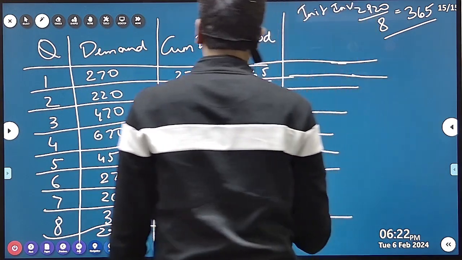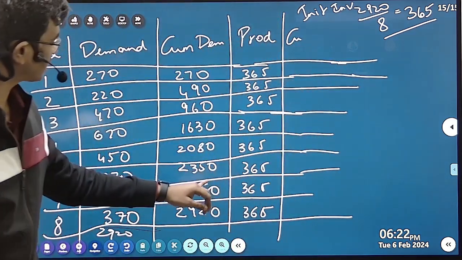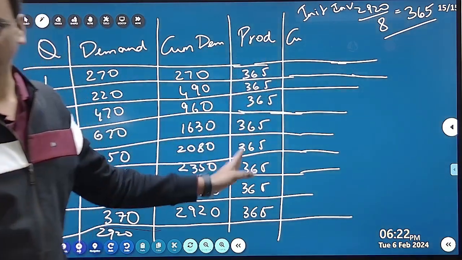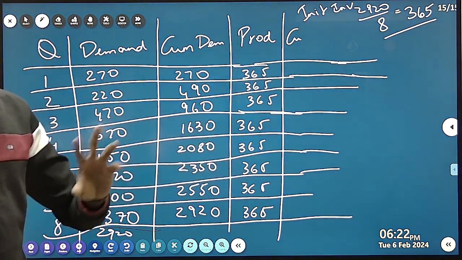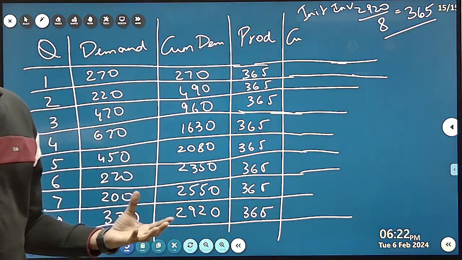Let us see where we are going negative in our closing balance, so that we can determine how much inventory we have to have to fulfill the orders.